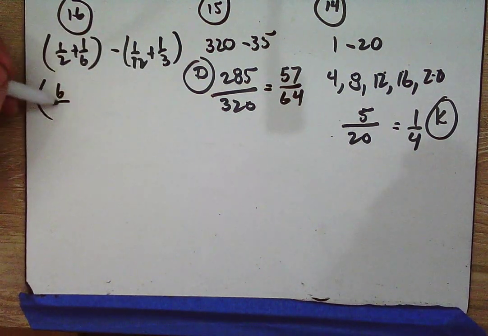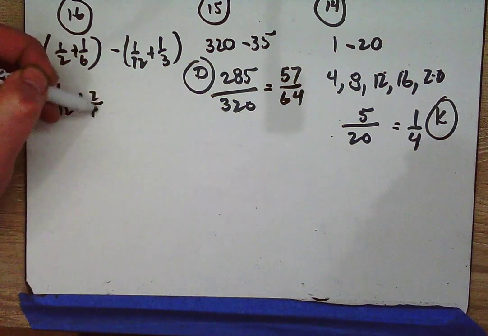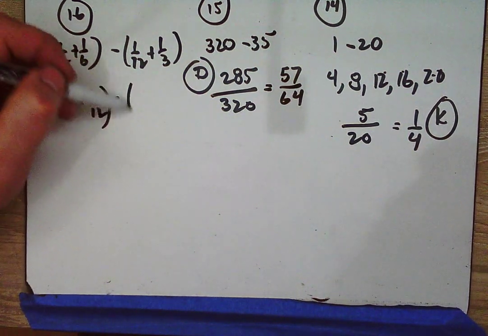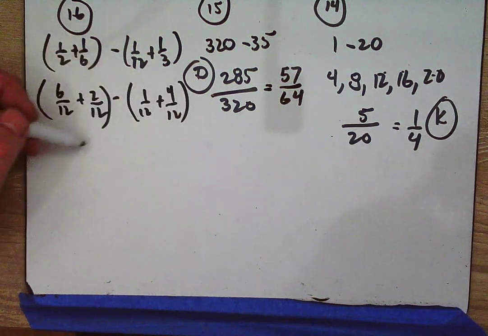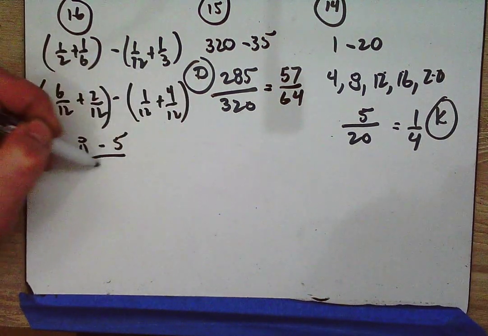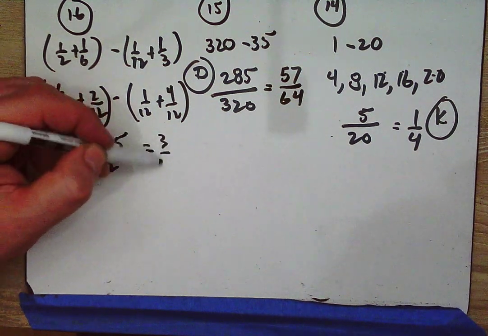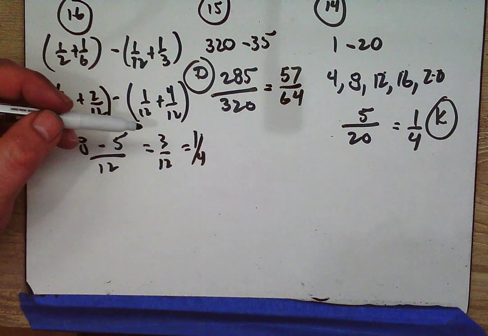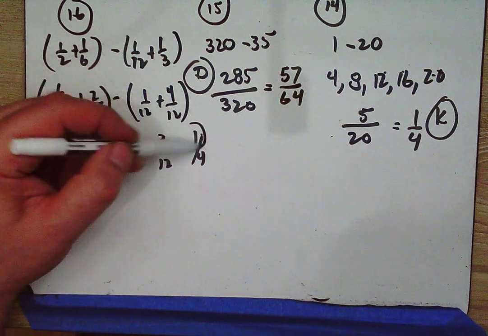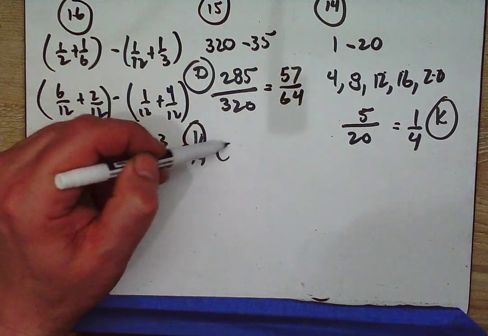So this will be 6/12 plus 2/12 minus 1/12 plus 4/12. So that's 8 minus 5/12, which is 3/12, or 1/4. And that corresponds to, oh, what's the numerator of this fraction? 1. That's E.